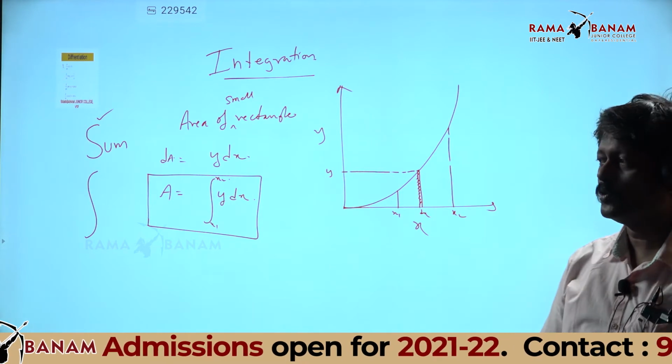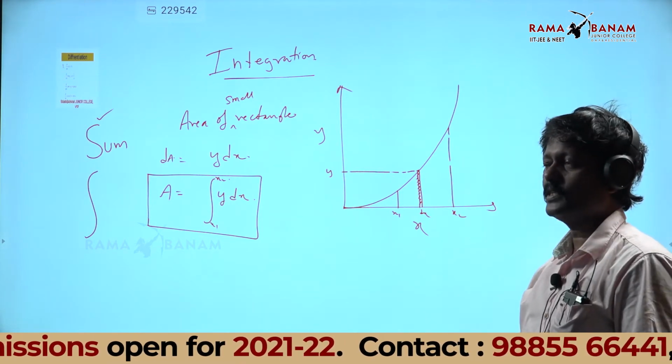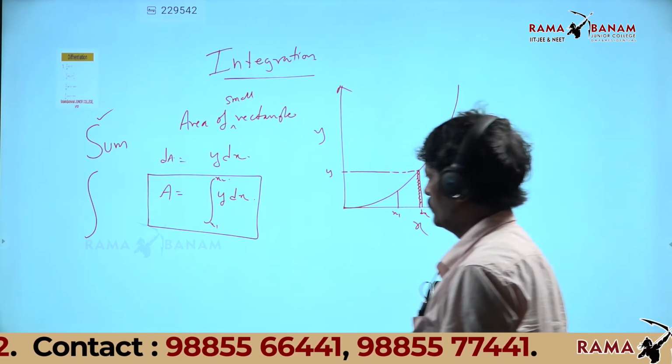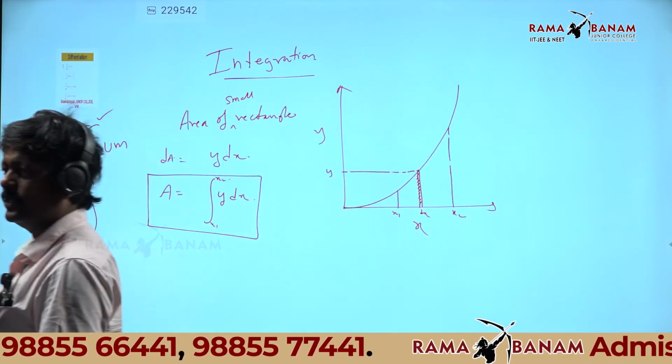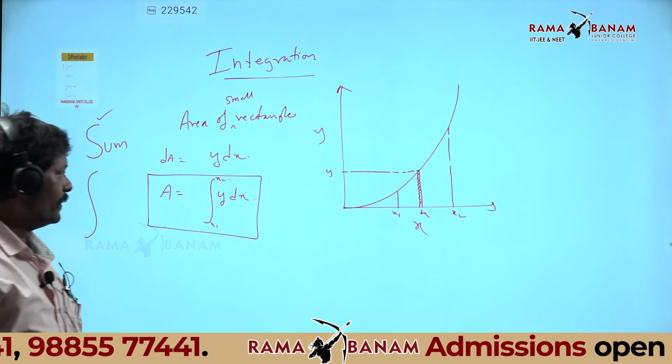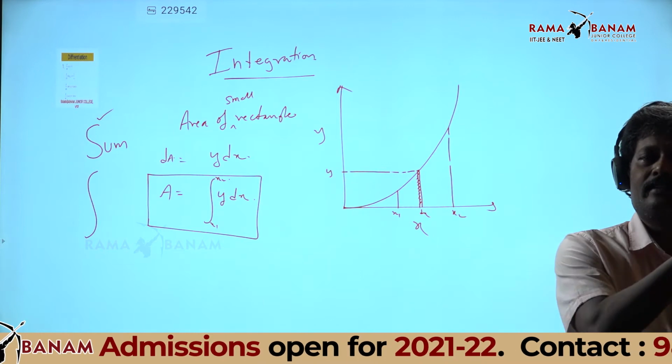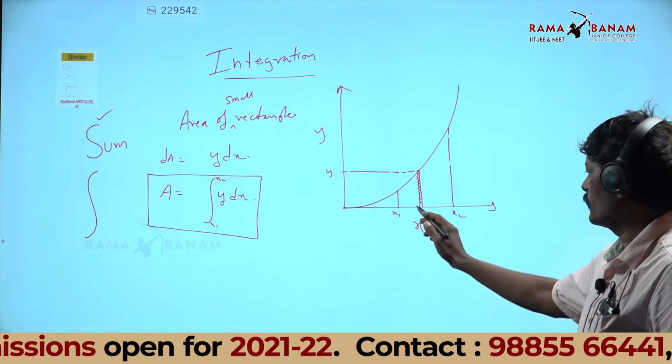Y is the length of the rectangle, dx is the breadth of the rectangle. So y dx gives you area of the rectangle. If I integrate all such small strips, if you go on adding, you will get the total area from x1 to x2.